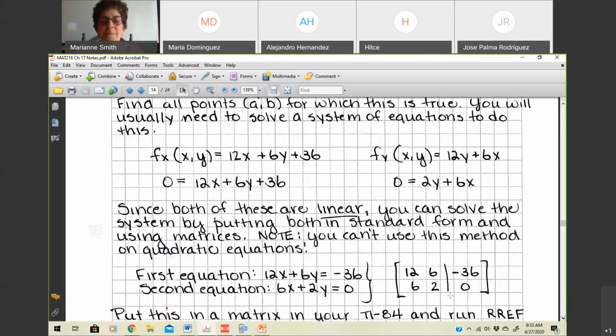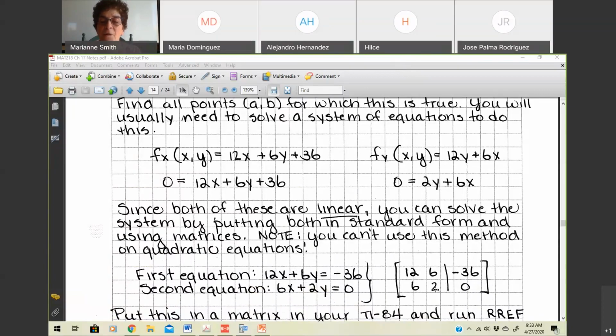Okay, so here are my two equations. 12x plus 6y is negative 36. 6x plus 2y is 0. Again, I just switched the order of terms here. So I have x's for the first column, y's for the second column, constants for the third column, okay? Everybody remember augmented matrices. This is the order you have to put your stuff in to enter them in.